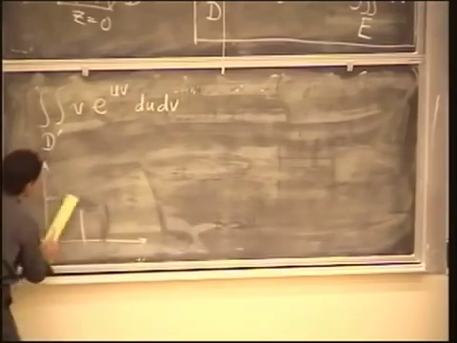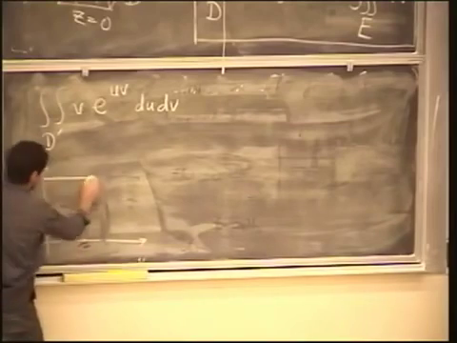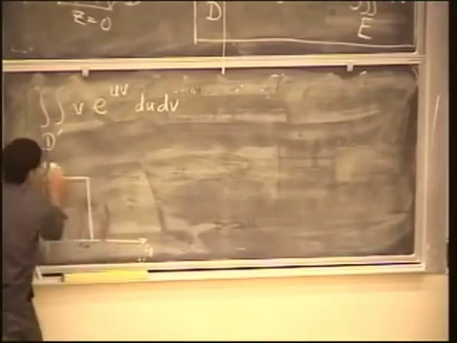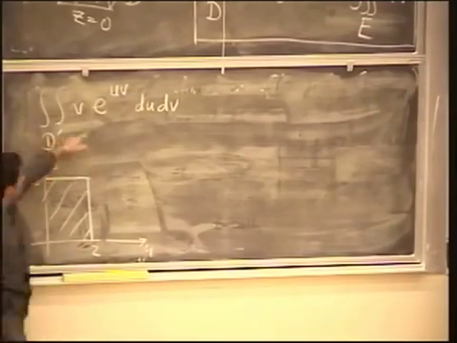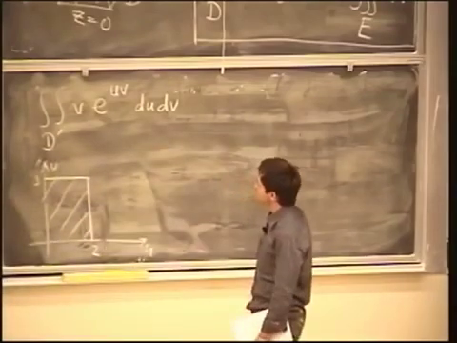In a slightly different way, it would also be a rectangle, but this rectangle would be turned in the right direction. So this would be u and v, and this would be 2 and 3. You see, this surely is much easier to calculate, right? Because this immediately breaks into iterated integrals, and you find the answer right away.